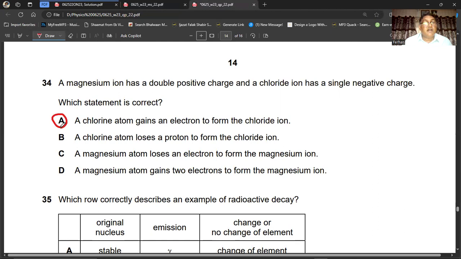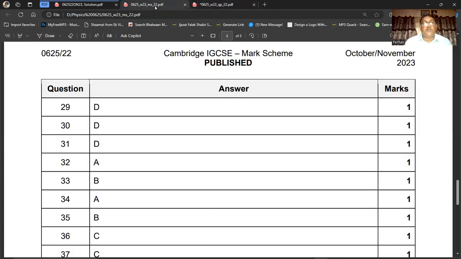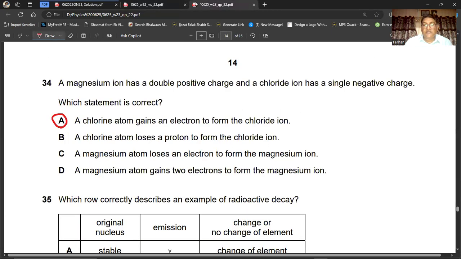Okay, so that's right. A chlorine atom loses a proton. No, a proton is never lost. A magnesium atom loses an electron to form a magnesium ion. No, it's positive two, so it has lost 2 electrons. A magnesium atom gains 2 electrons? No, not gained. So 34A is the right option, sir.